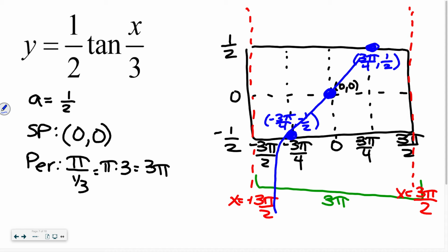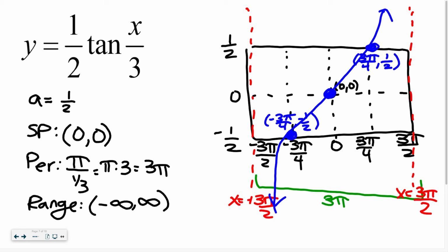And then I just draw that curve. So there's a positive tangent. I've got starting point, period. I could add range in there. That's negative infinity to infinity for tangent. But again, I won't ask you about domain because of the asymptotes.